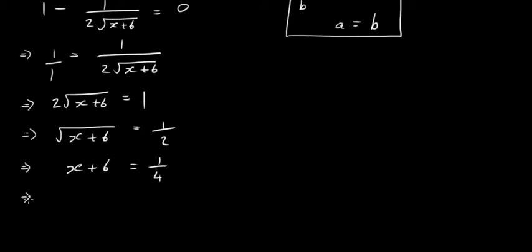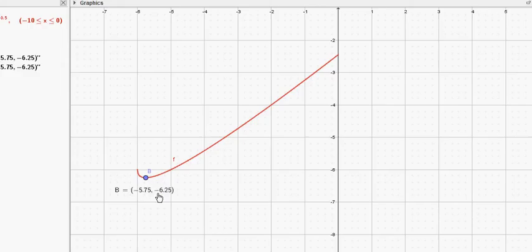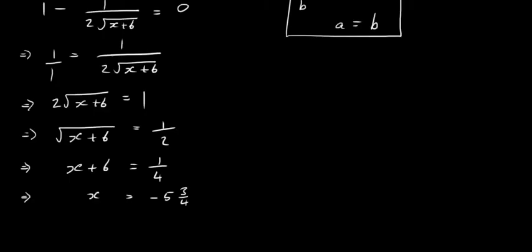Now we've just got to subtract 6 from both sides. Subtract 6 from this side, you'll just get x. Subtract 6 from this side, you'll get minus 5 3/4. And I think we saw that from our curve here. Yep, our x value is minus 5 3/4. So that seems to be okay. That's our x value. Let's just work out our y value.